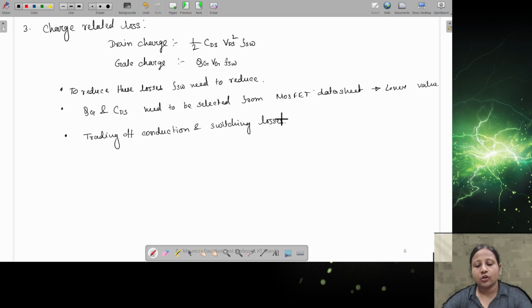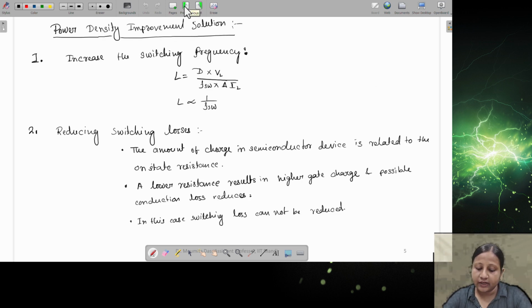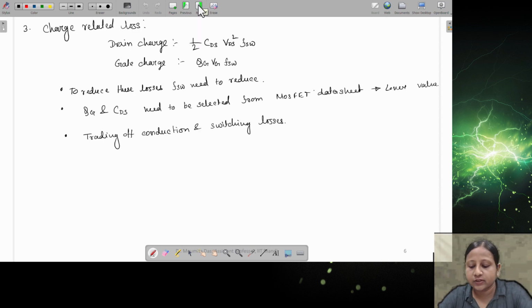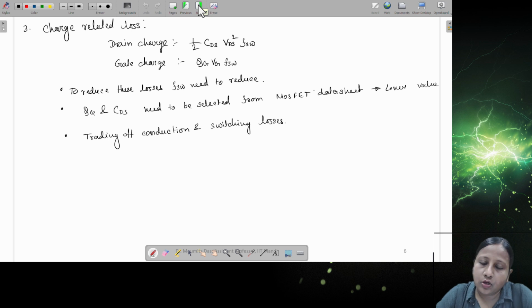If charge related loss is more than the on-state resistance loss, then probably we have to go for QG and CDS with lower value. If on-state resistance related loss, that is the conduction loss, is more, then we have to consider lower resistance so that we can reduce the conduction losses. So that is why we have to do this trade-off between the switching loss and conduction loss, so that we can select which parameter we want to optimize, right? So accordingly we can reduce the losses.